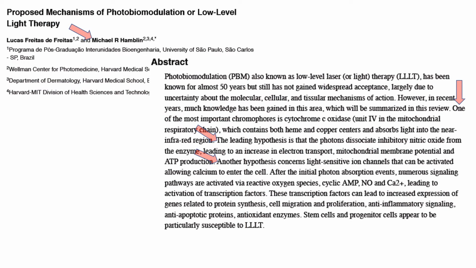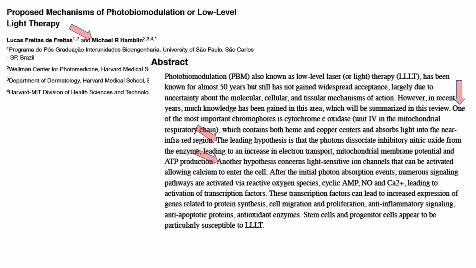I'm so excited by the studies that examine the mechanisms of photobiomodulation. Now, you remember the name Michael Hamblin from my 6 giants from an earlier slide. In this paper, he says one of the most important chromophores is cytochrome C oxidase.